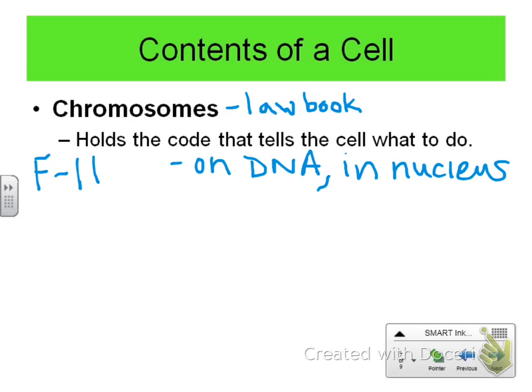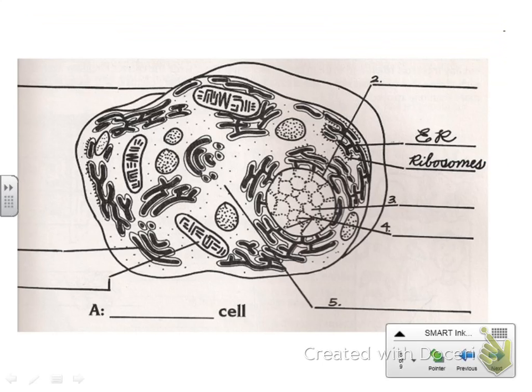Our next job is going to be working on filling in our cell diagrams. I know it's getting close to the bell ringing, so let's just take a look at your cell diagram. Can you tell me which one's an animal cell and which one's a plant cell on your diagrams? Stephen decided that the top one was an animal cell. Do you agree or disagree? Agree.